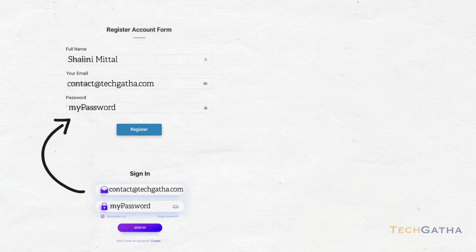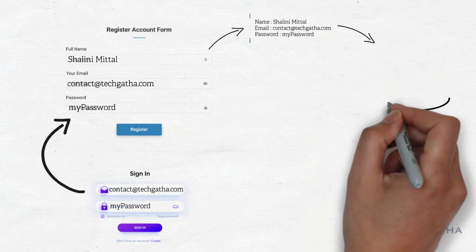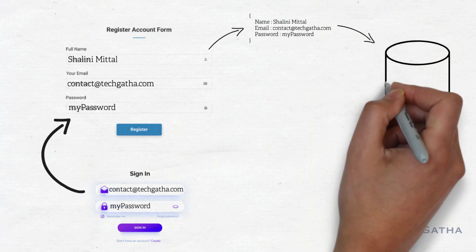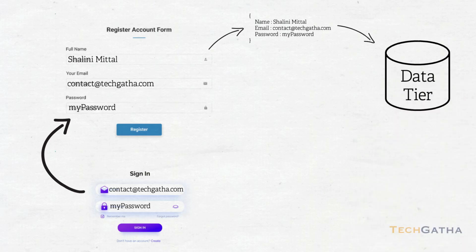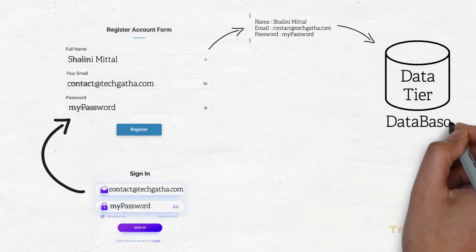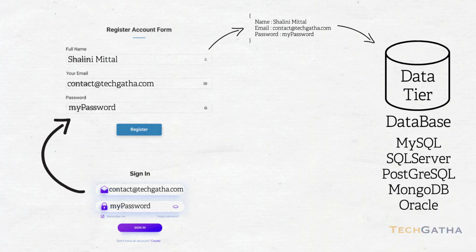So definitely your application needs a way to validate the data, and hence the data needs to be stored or persisted in the database, which is the data tier. And you can use any of the databases like MySQL, Cassandra, Redis, MongoDB, PostgreSQL, Oracle, SQL Server, etc.